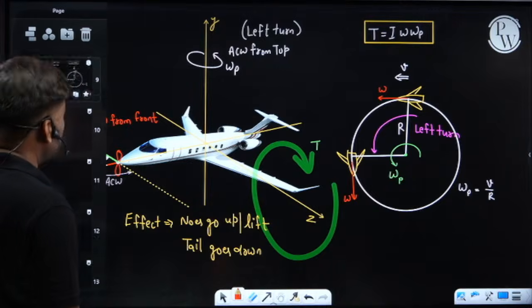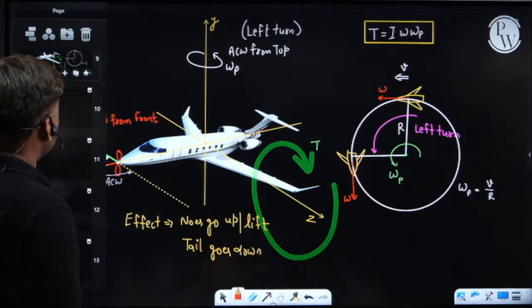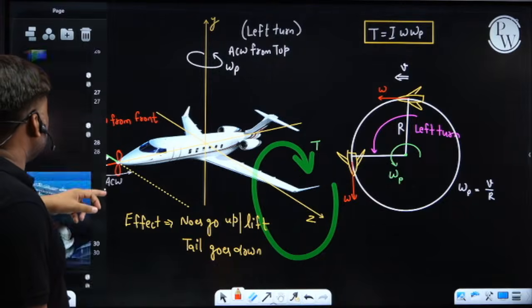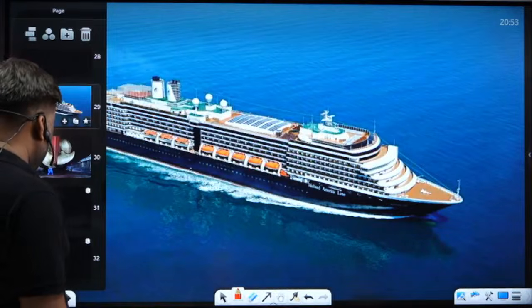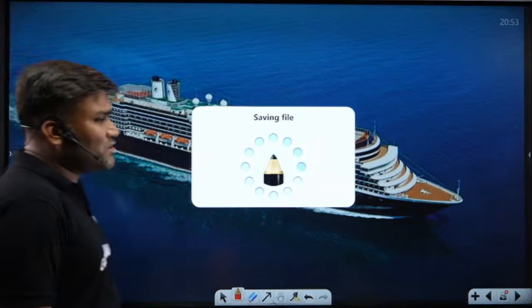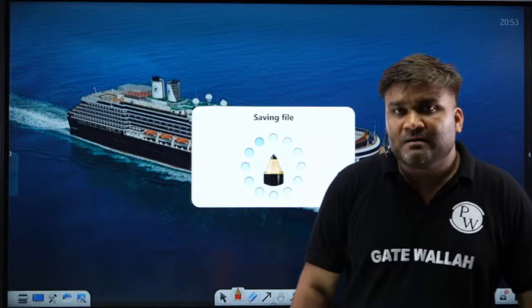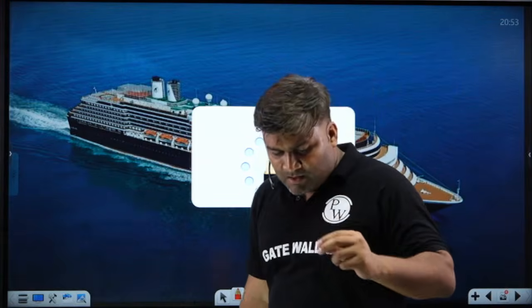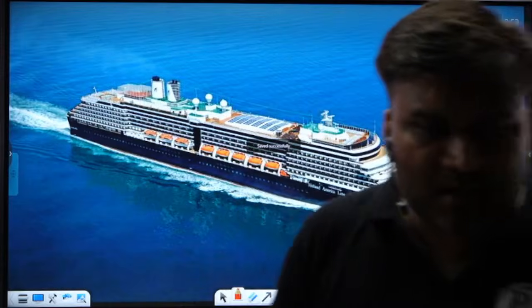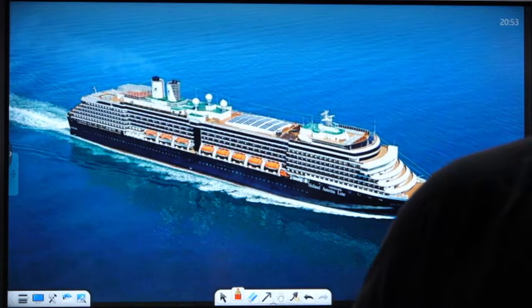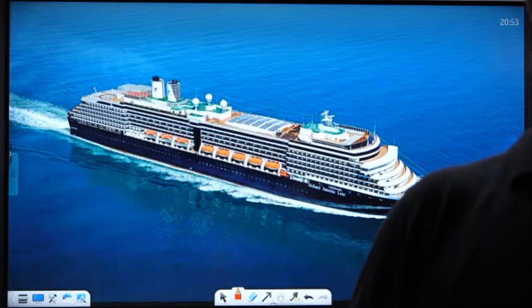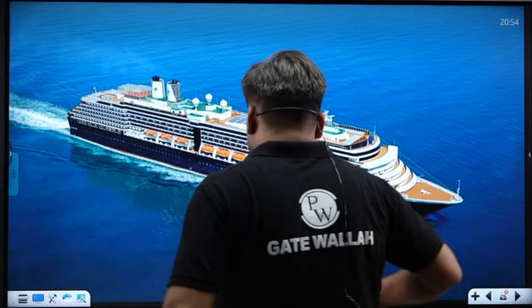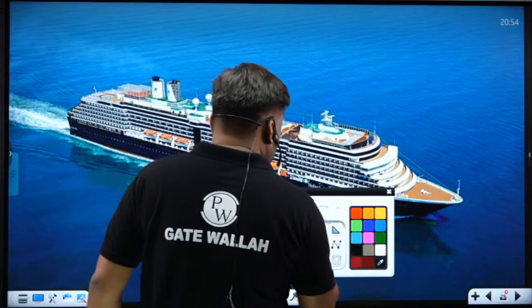So similarly, we can also talk about ships. Same logic, we can also discuss ships, but the only thing which is new for the ship is that they sometimes use marine engineering terminologies which we mechanical engineers are not comfortable with. Okay?